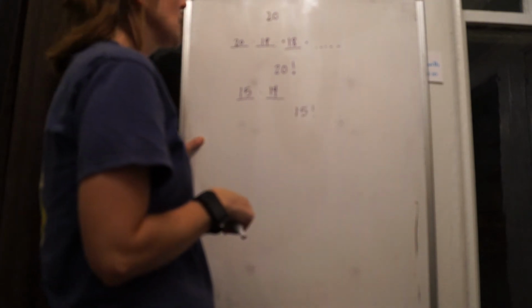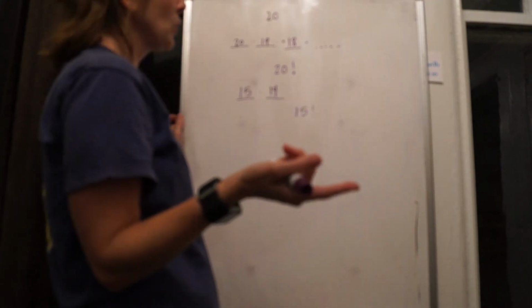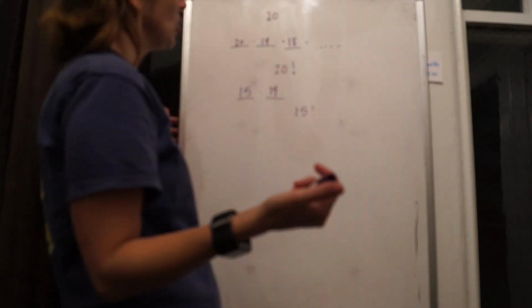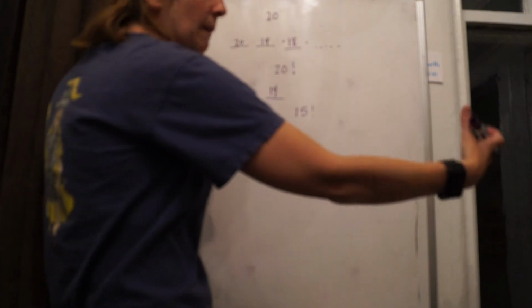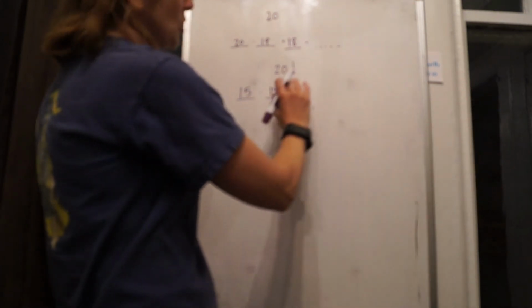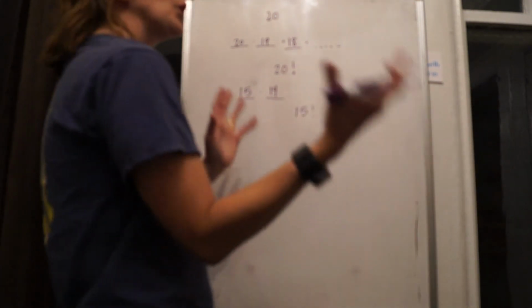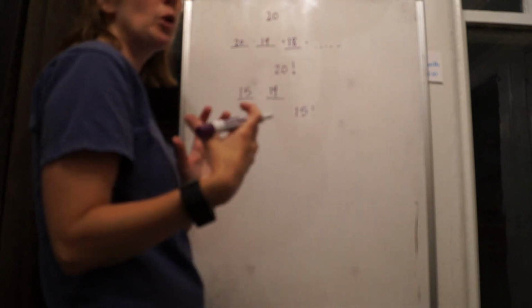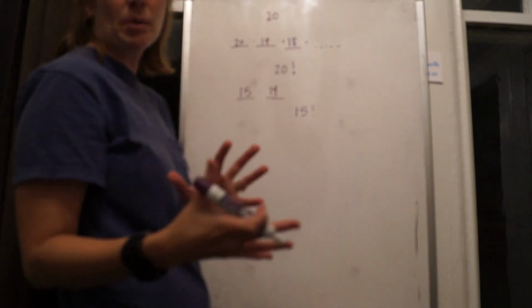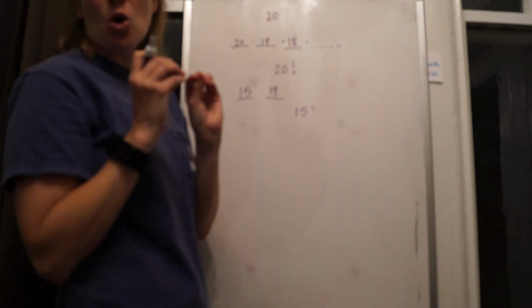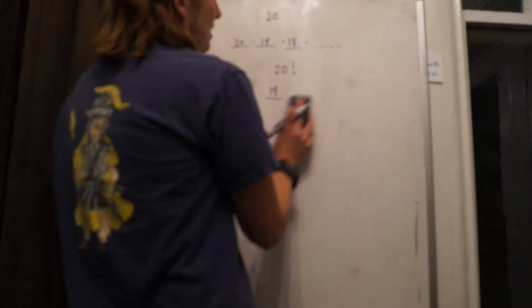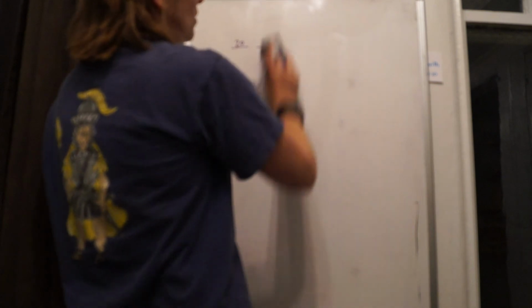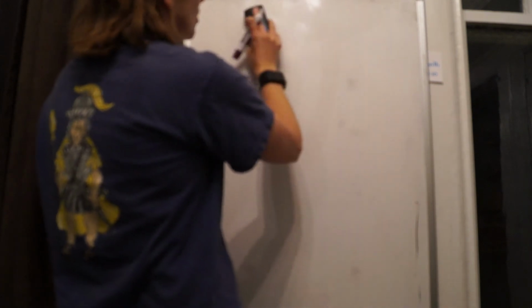And if you've ever tried to put some young kids in a line, you'll know that order does matter, so it's a permutation. If we're putting them all in order, then we're using up everybody, it's just a regular factorial. If we're going to choose some from the group, that's either a combination or a permutation, depending on whether or not order matters. There's one last thing they ask us to count, and I think this one is the most familiar, so I think most of you are going to have an easy time with this one.